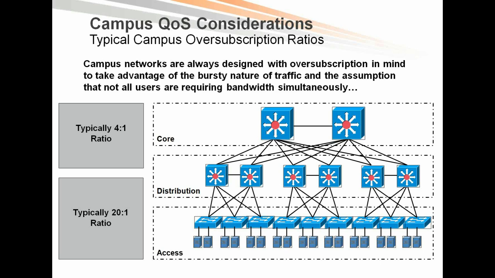The second thing is at the access edge we draw the trust boundary and trust all the traffic into the distribution and core. And the third thing is because of the burstiness of video these days, traffic as it comes into the access may go up to the distribution and back into the access or may go out to the WAN, and you have a typical ratio of 20:1 of oversubscription between the access and the distribution.